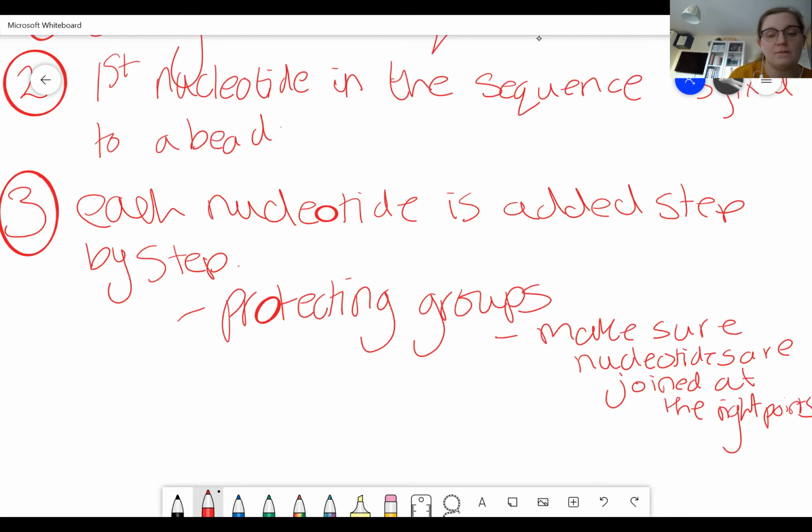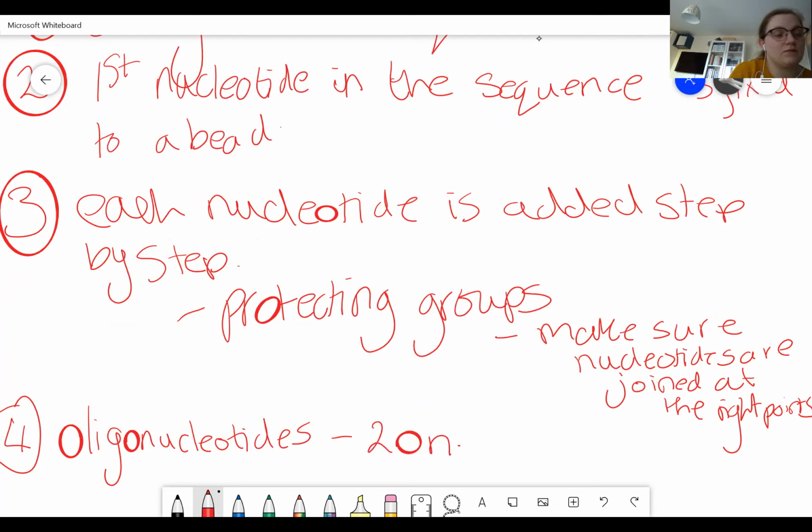Step 4 is our last point. So then our short sections of DNA, and these are called oligonucleotides, and these are 20 nucleotides long, are produced. Once these are complete, they're broken off from the support, all protecting groups are removed, and then they can be joined together to make a longer DNA fragment.